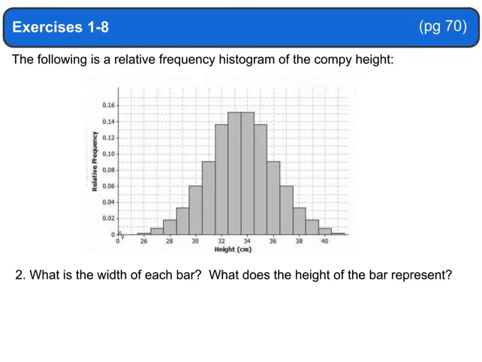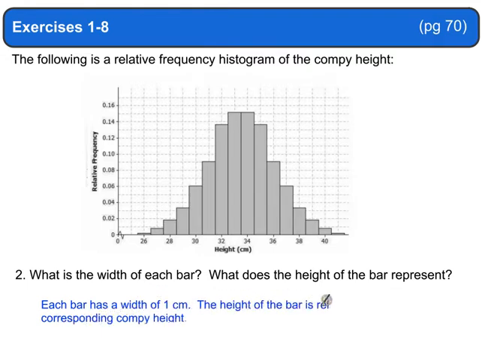We follow up with what is the width of each bar and what does the height of the bar represent. So if you were to measure, and mine's an image, each bar has a width of 1 centimeter, and then the height of the bar is the relative frequency for the corresponding height. Now, the reason why they set it for 1 centimeter is relatively simple, and we'll look at that in another example coming up.